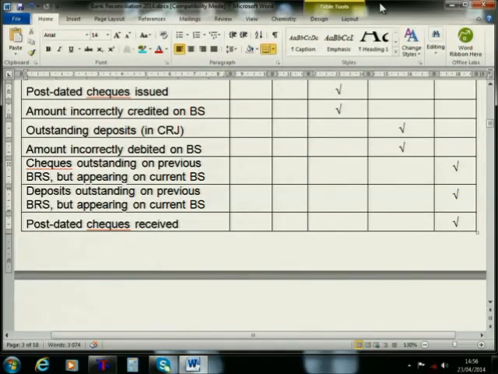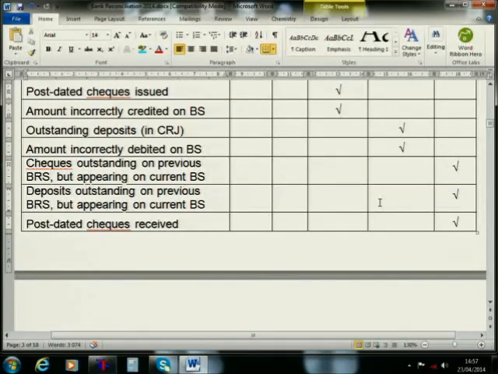That's why it's not on the bank statement, and that means you've got money in your books, but the money is not on the bank statement, so we put it on the credit side of our bank recon. Amounts incorrectly debited on the bank statement, we put on the credit side of the bank recon.